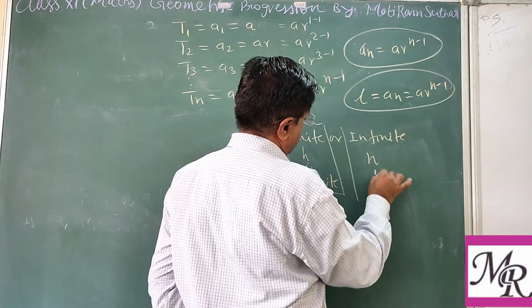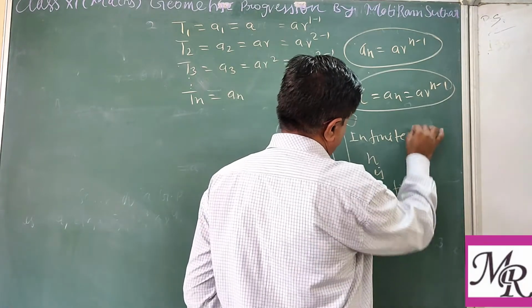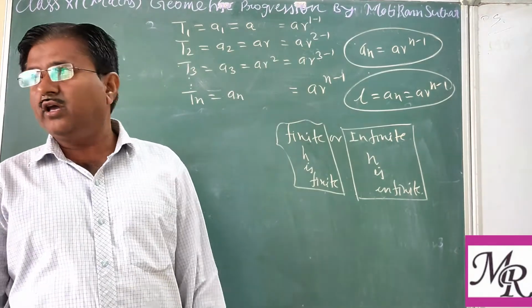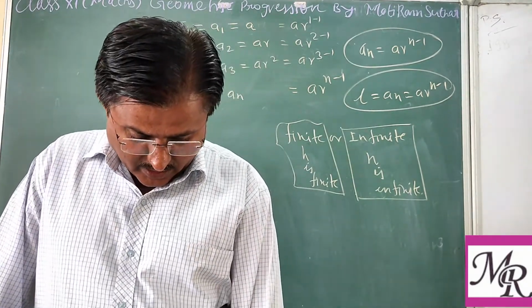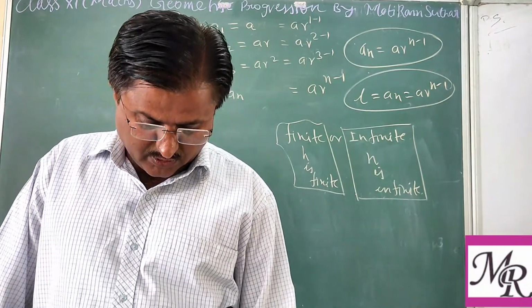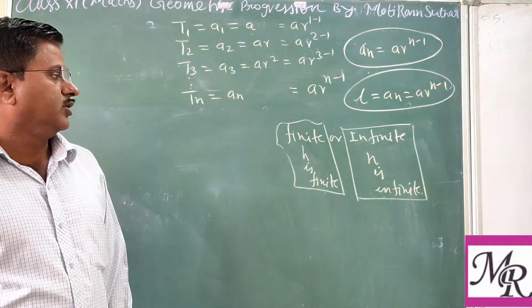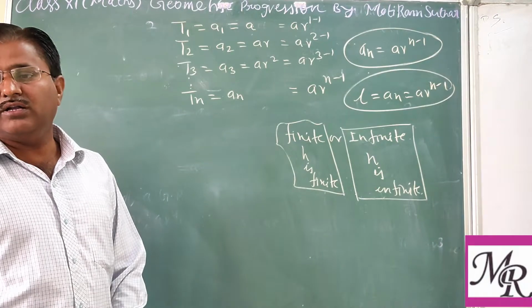If n is infinite, then the corresponding GP is also infinite. If the number of terms of a GP is countable, that is known as a finite GP, and if the number of terms of a GP is not countable, that is infinite. So this is the geometrical progression or geometrical sequence.